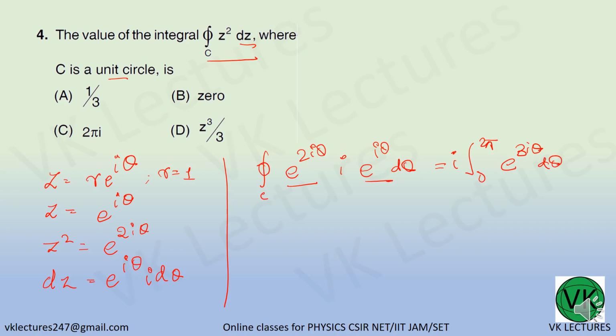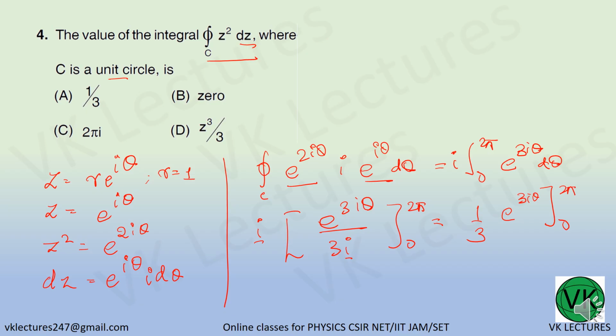So with i remaining outside, this integral is nothing but e power 3i theta divided by 3i, from 0 to 2 pi. Now i and i here get cancelled. 1 by 3 into e power 3i theta, from 0 to 2 pi.